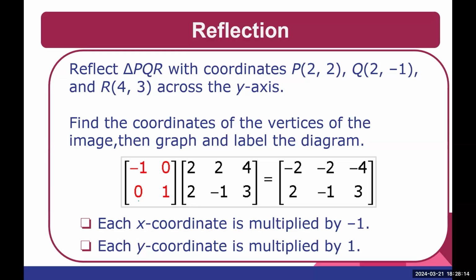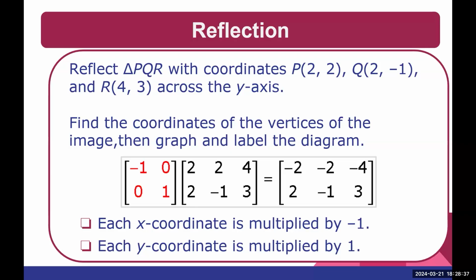As an example here, the one being shown in red would be our transformation matrix. So we have to put it in front of the vertex matrix. Clear? Yes, sir.